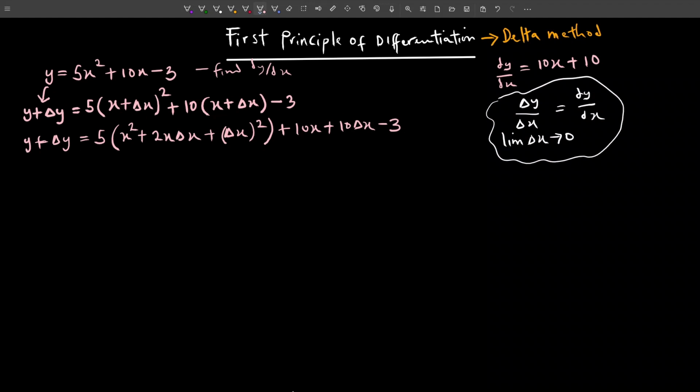We can get dy/dx from change in y over change in x when we limit change in x to 0. So if I take y to the other side of the equation, what's it going to become? We're going to have change in y equals 5 into brackets, or we can simply open the bracket here to become 5x squared plus 10x change in x plus 5 change in x squared, plus 10x plus 10 change in x minus 3.